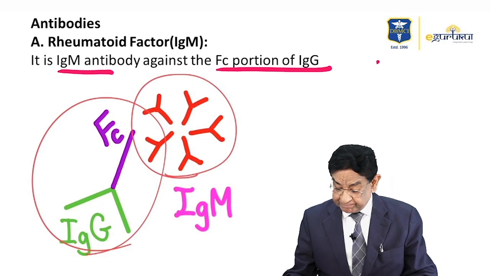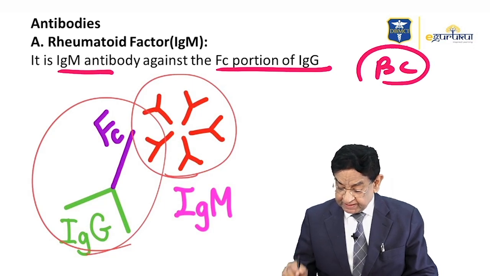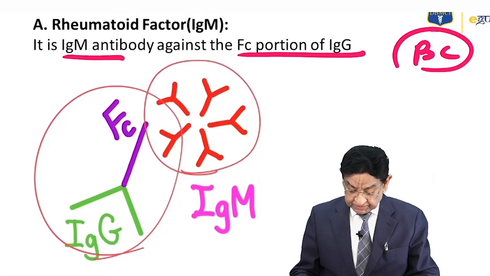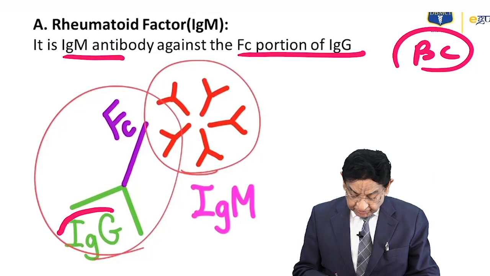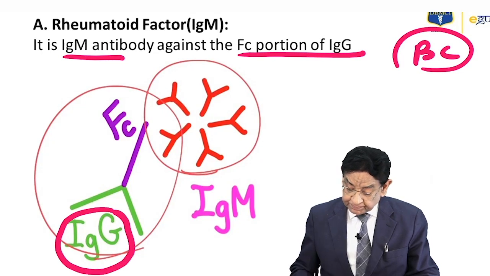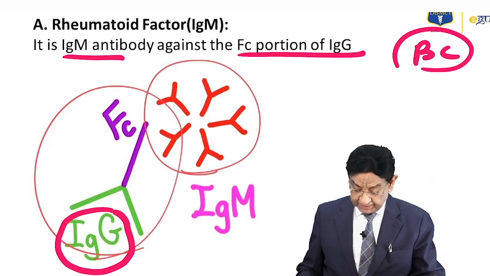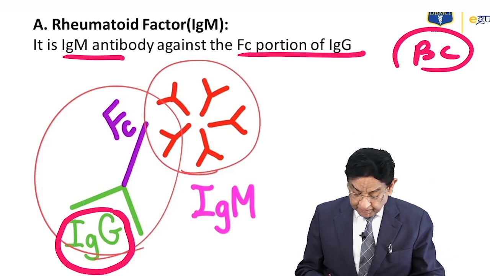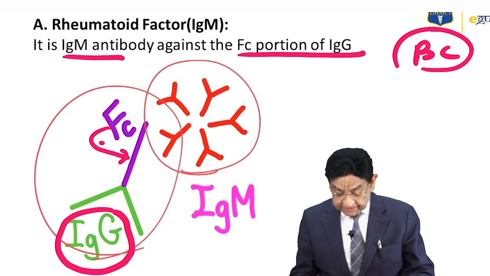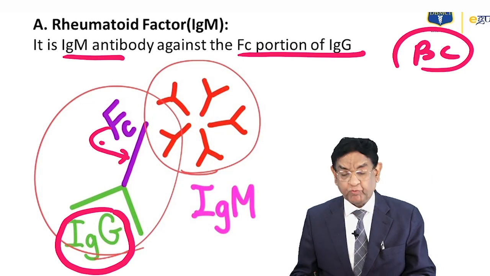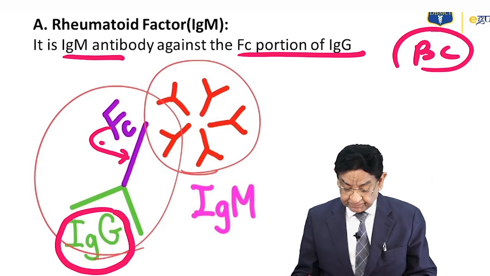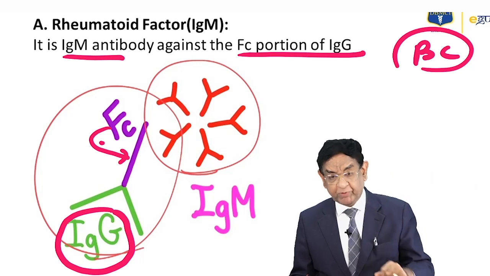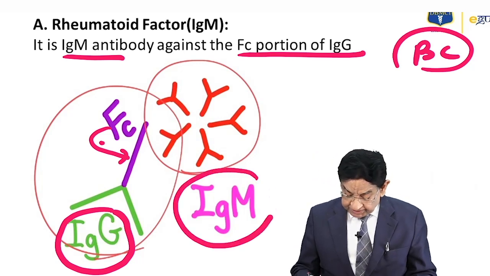Let's learn the basic concept. Look into this. This is the IgG antibody, an immunoglobulin. In this we have two parts. One is this, which is the FC portion. Now against this FC portion, in the violet color, the body develops antibodies, which are IgM antibodies.